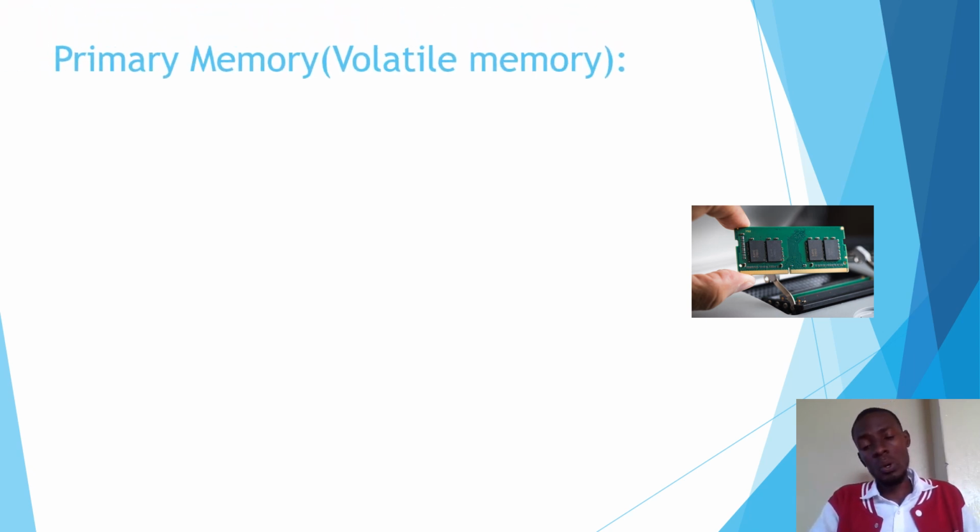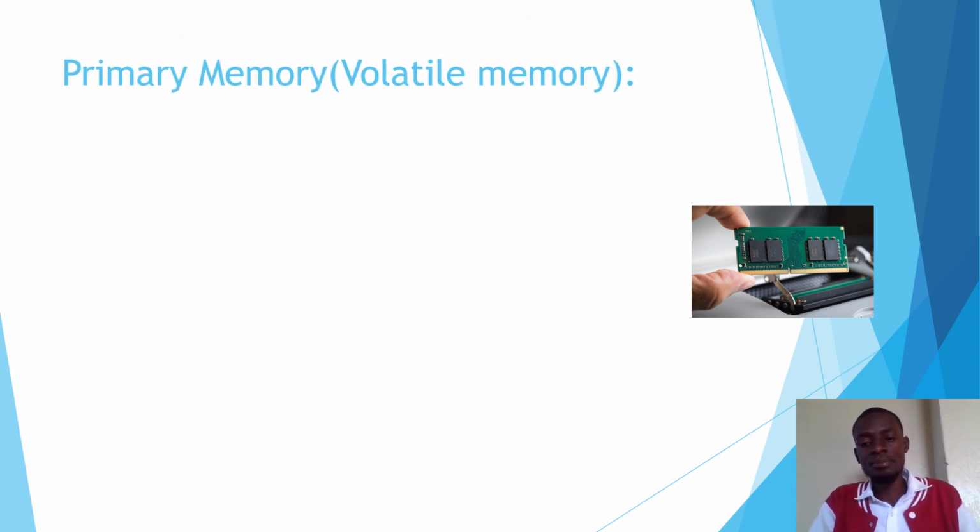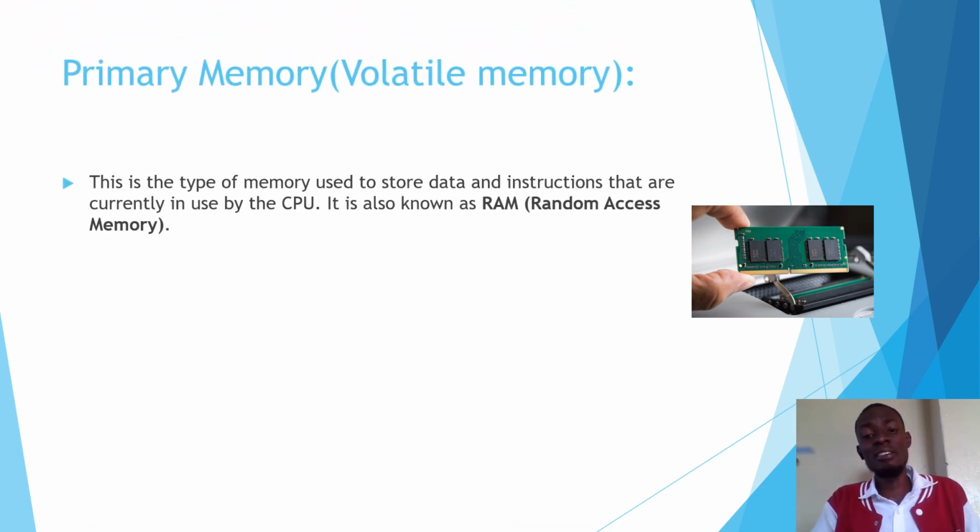Now, let's look at the primary memory or the volatile memory. This is also known as the random access memory, and it is the memory used to store data and instructions that are currently in use by the CPU. It stores the information that is currently in use by the CPU as it is processing.